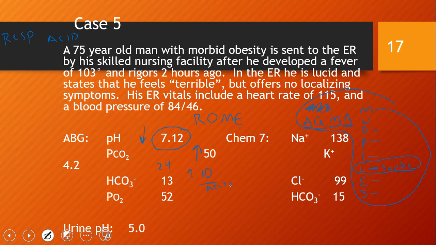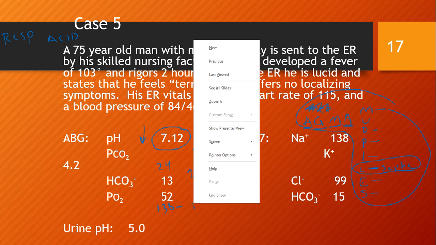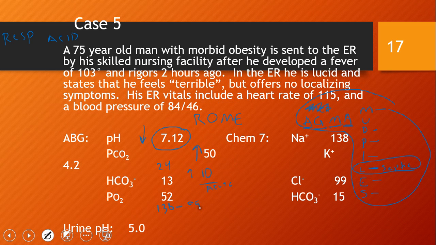So let's see if he has an anion gap. Remember how to do that? That's right. We take 138, which is the sodium, and subtract chloride, which is 99, and the bicarb with that as well. So 99 plus 15 is going to be 104.